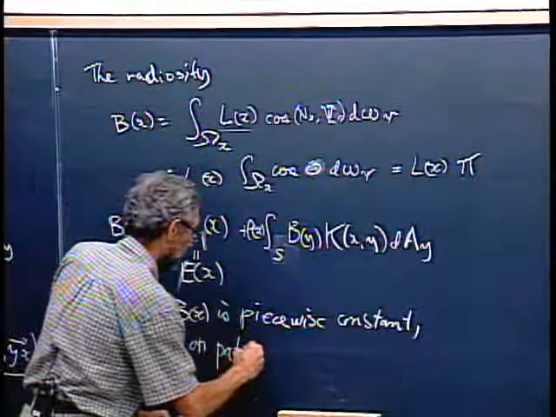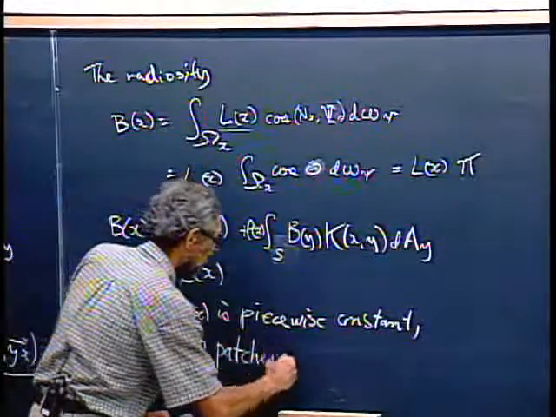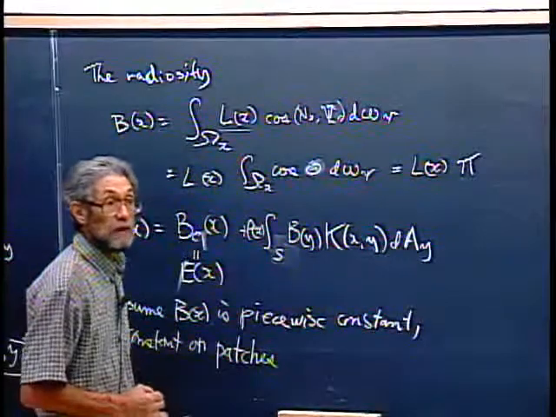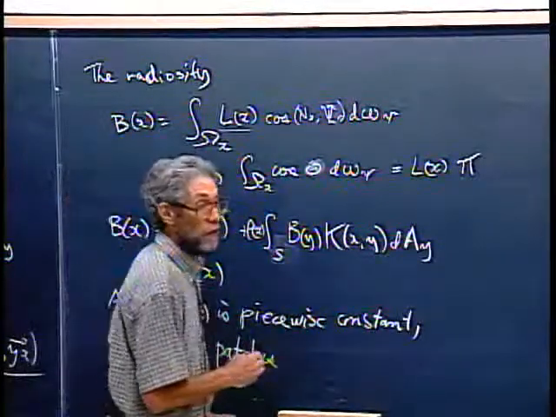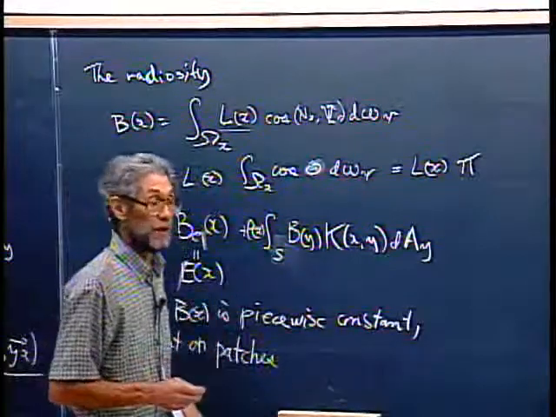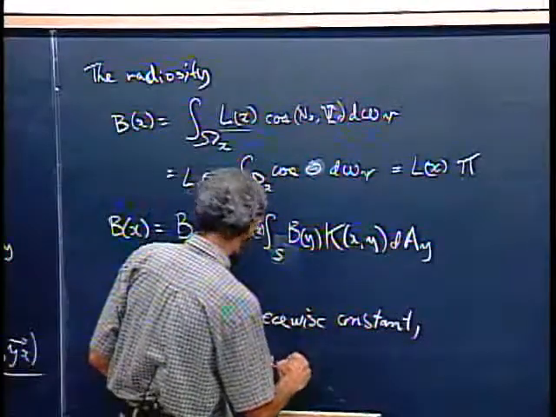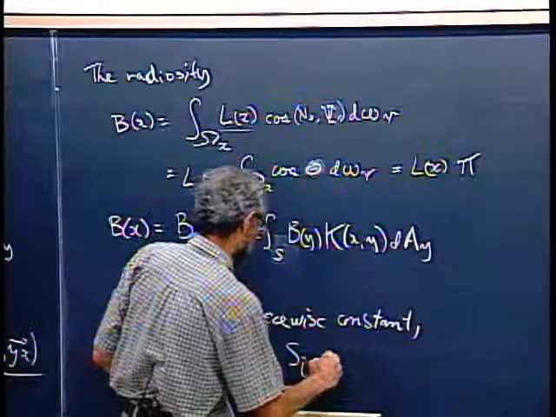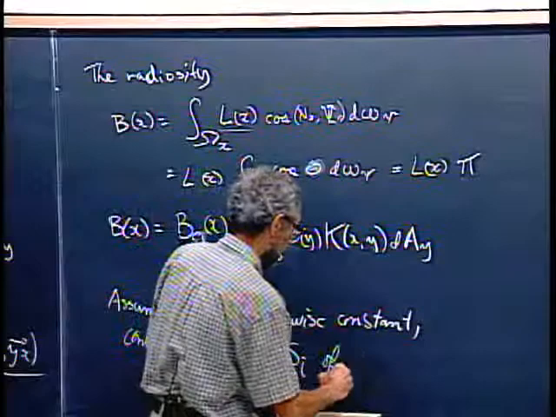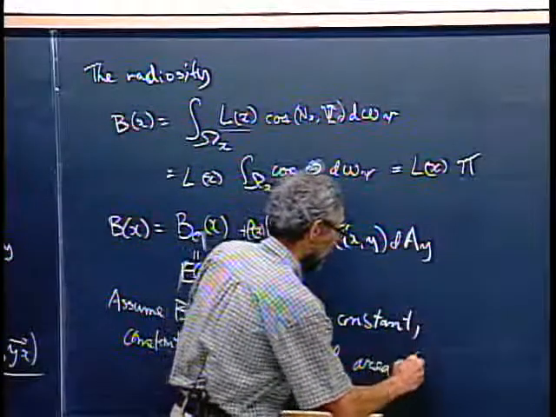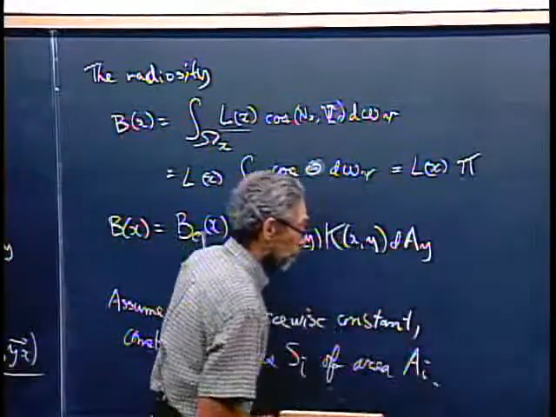Really they're just pieces of polygons, but they could be pieces of a curved surface. Small enough pieces that if you think of this as piecewise constant on them, you get a decent approximation. Si, pieces of part of the total surface area in the scene, of area Ai.